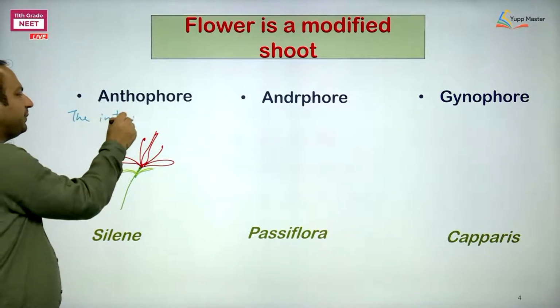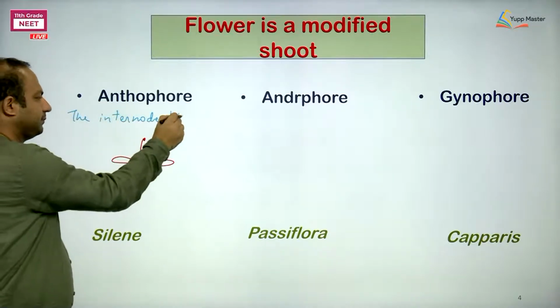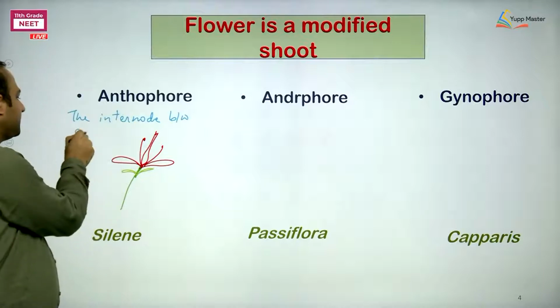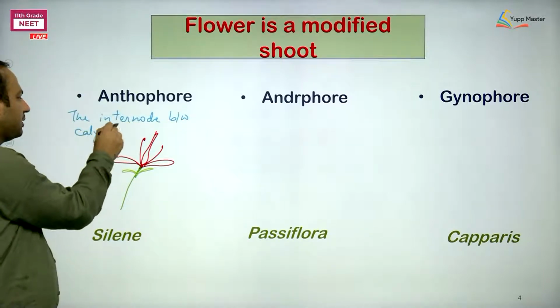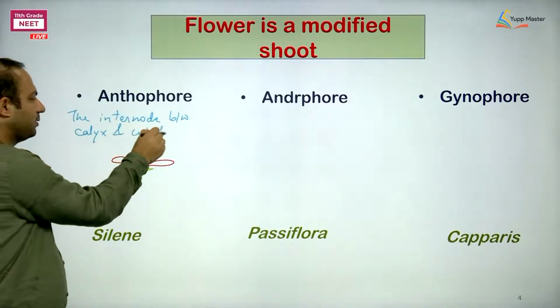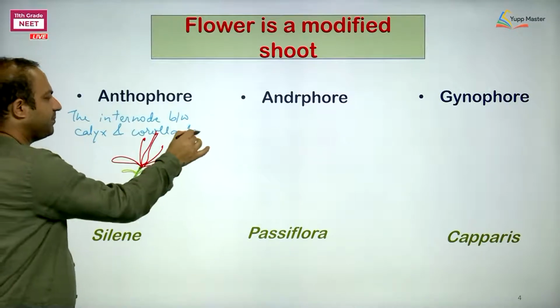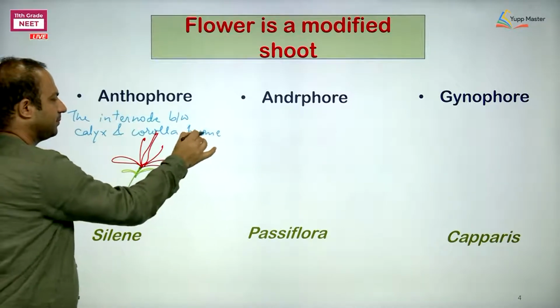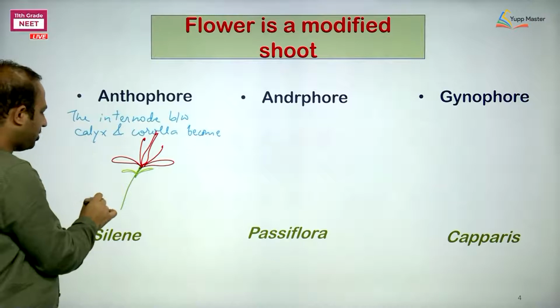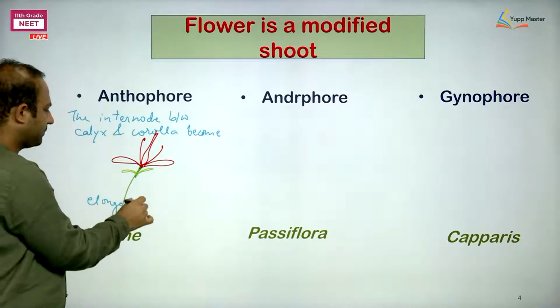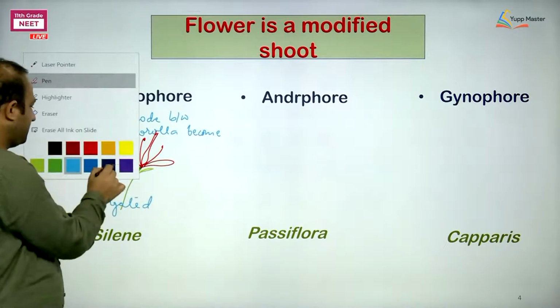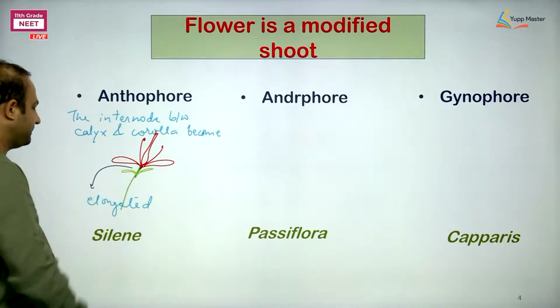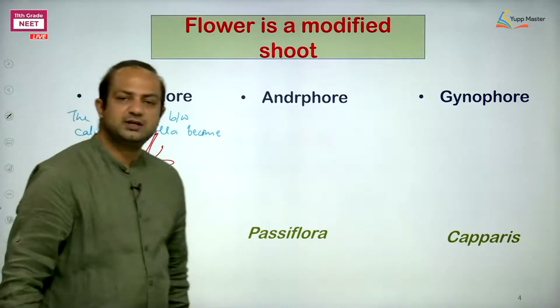The internode between the calyx and corolla becomes elongated, as you see here. That is called anthophore.